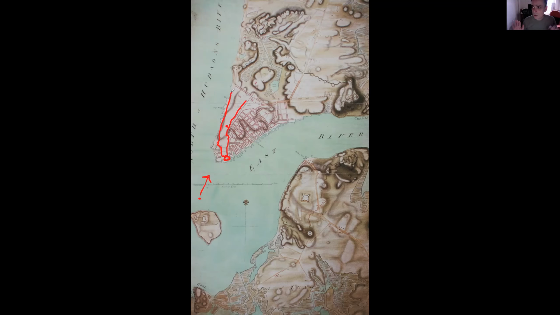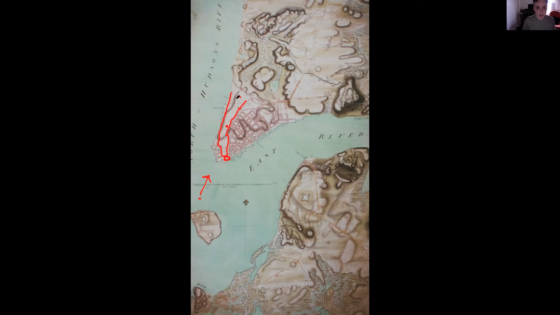Completely out of control. The British Army and Navy came in and tried to put it out, but there was only so much they could do beyond saving St. Paul's Chapel, which is right here. And if you can see this building here, this is part of what at the time was called King's College. It's today's Columbia University. It was originally down here, so it was kind of apart from town.